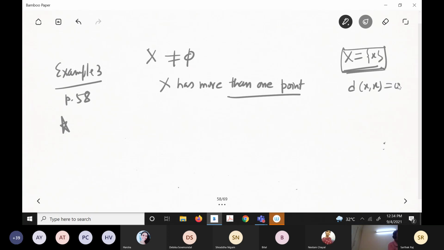There is only one metric, so we do not usually consider this. This is a blanket assumption: when we consider a metric space, X has more than one point.